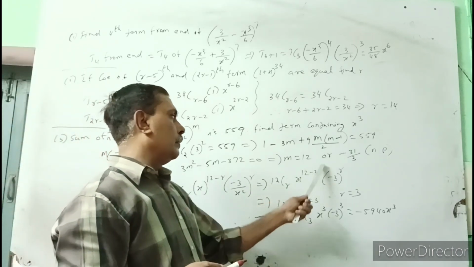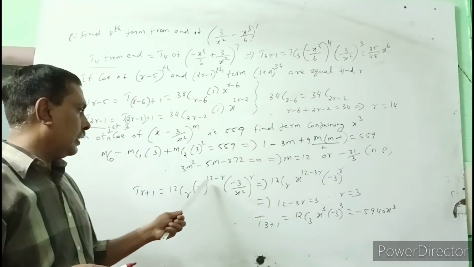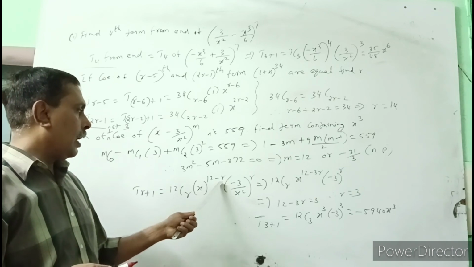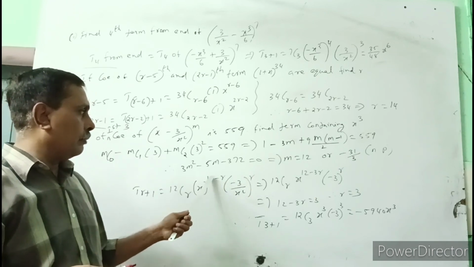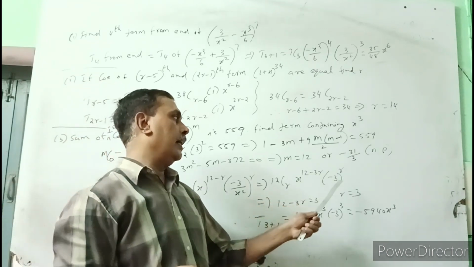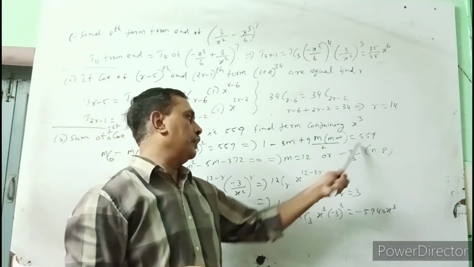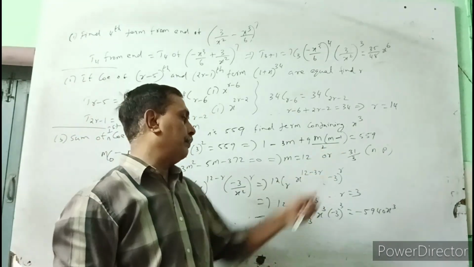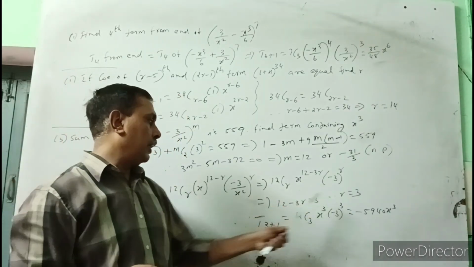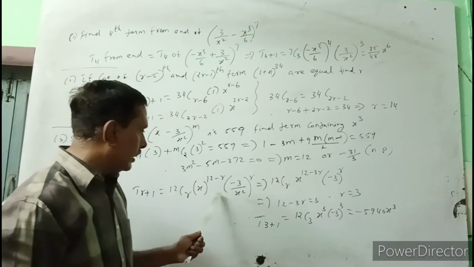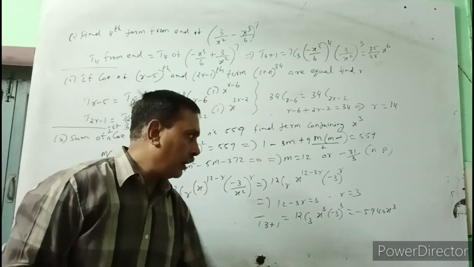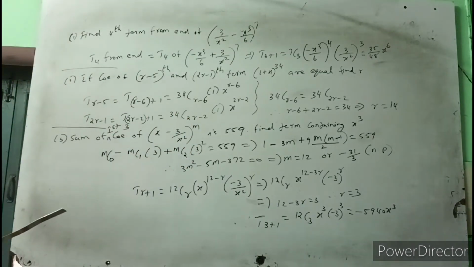Simplifying, as I told in the early classes, x raised to 12 minus r, and x raised to minus 2r also will come, so x raised to 12 minus 3r. So 12 minus 3r must be equal to 3 because I want the coefficient of x cube. r equal to 3. Put r equal to 3 in T3 plus 1, substituting only at the last step. Simplifying, we will get minus 5940 x cube.